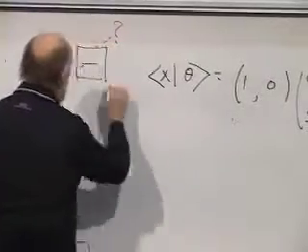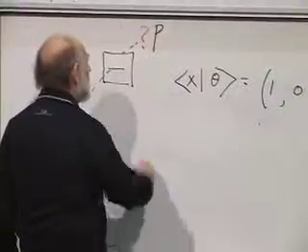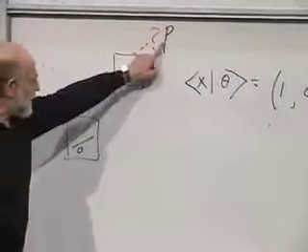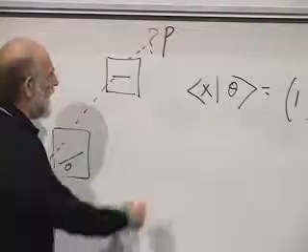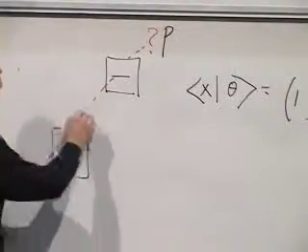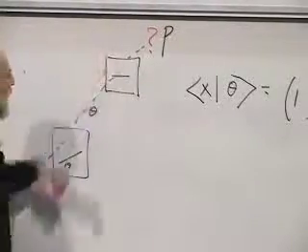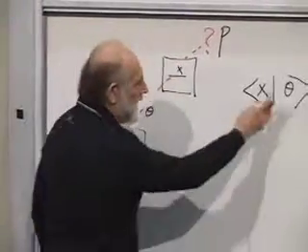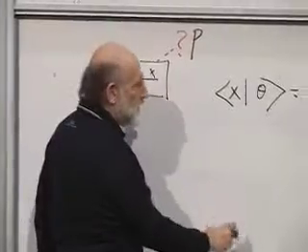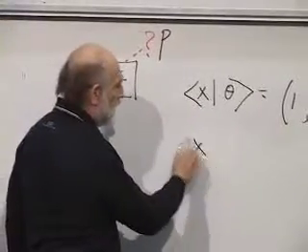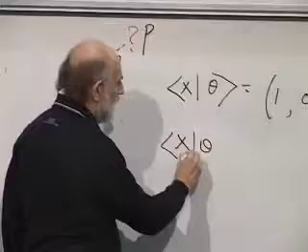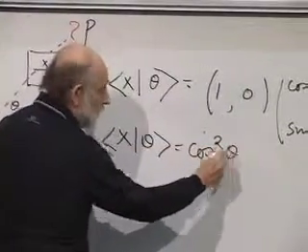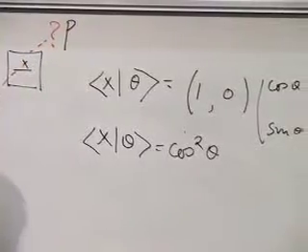And the probability over here, this is not the observable, this is the probability. This is the probability that if the photon was polarized in the theta direction, it passes through the X polarizer. That probability is the square of this inner product. In other words, it's cosine squared theta. Notice it's cosine squared theta, not cosine of theta.